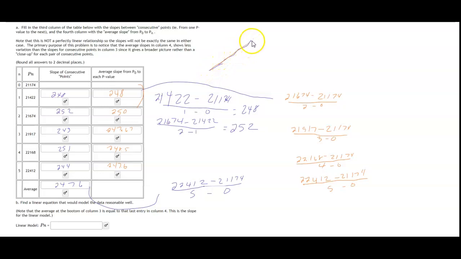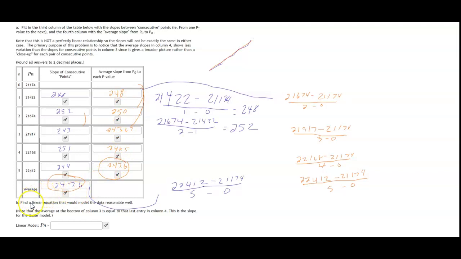It isn't exactly linear either, but it makes it a little flatter. 248 to 250 is not as much of a variation, and then down to 247.67 because it's comparing this whole distance here instead of just from here to here. And so this gives us a better idea of how that function is growing linearly. If you just do the average, you can see that they're the same, right? At the end, the average of all those gives you this. So it's nicer to have an average of all along, and you kind of see a pattern there, pretty consistent.